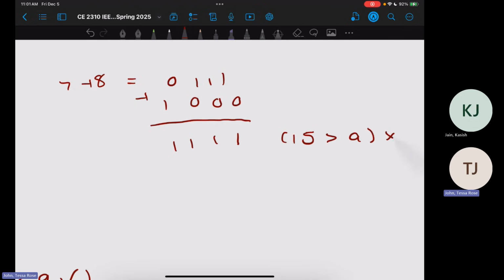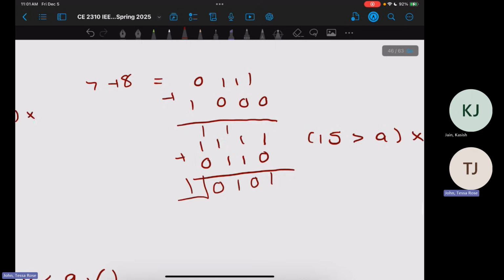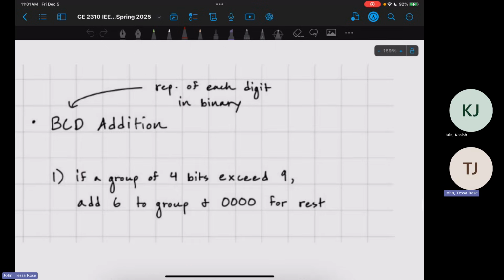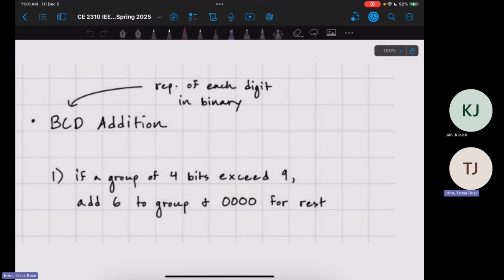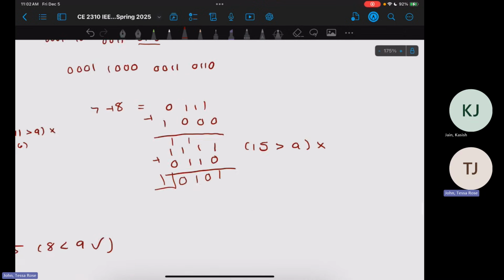So we're going to have to add 6 to it. 1 plus 0 is 1, 1 plus 1 is 0. The number 9 is coming from the digits, when it goes from 0 to 9. So that's just the general rule for BCD. If it exceeds that number 9, we have to add 6. That's just the general rule.